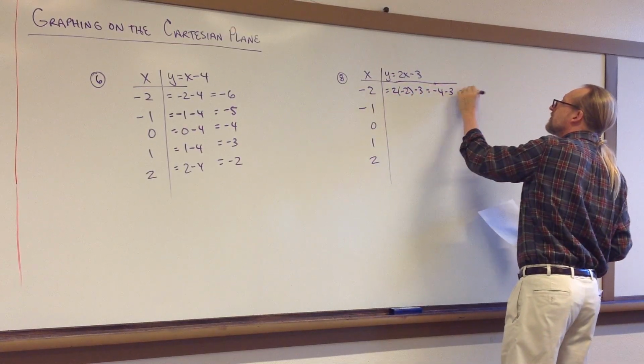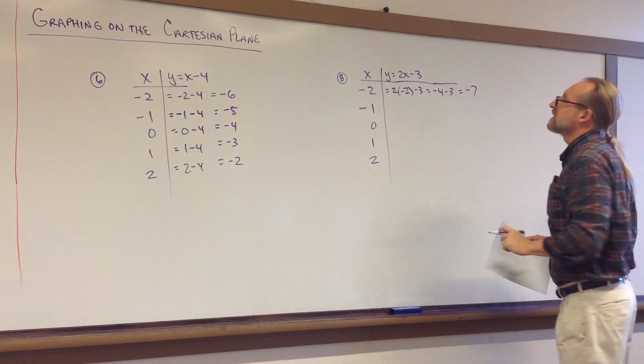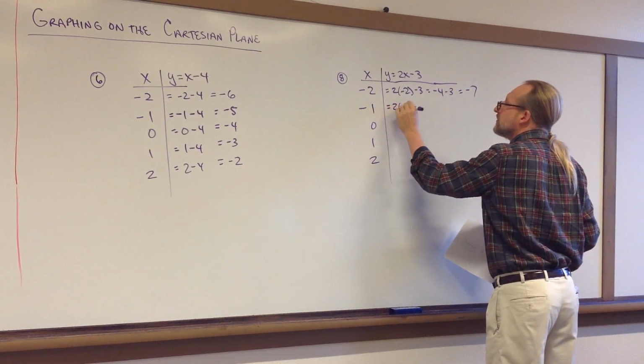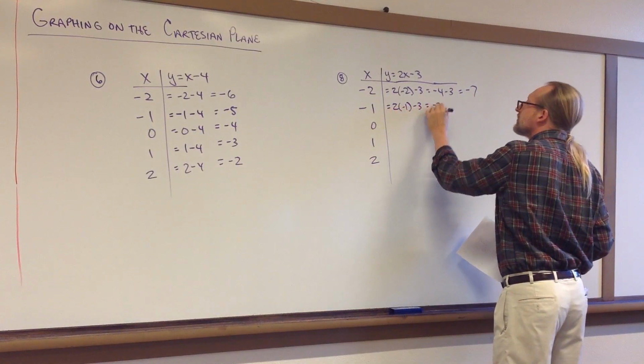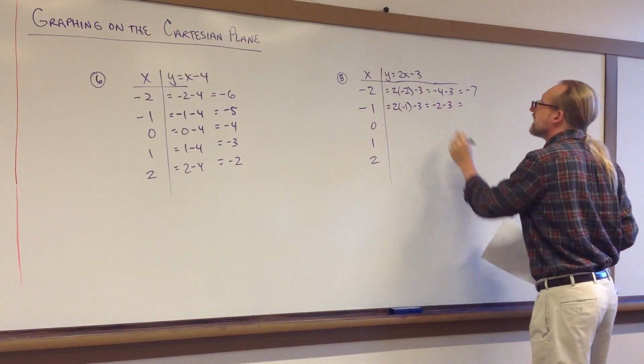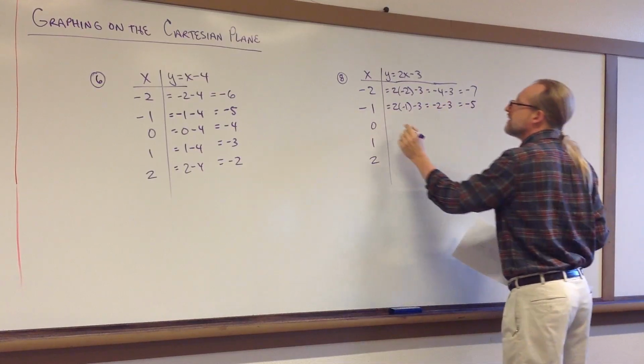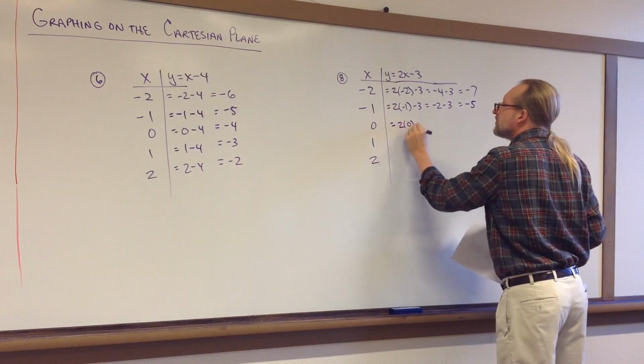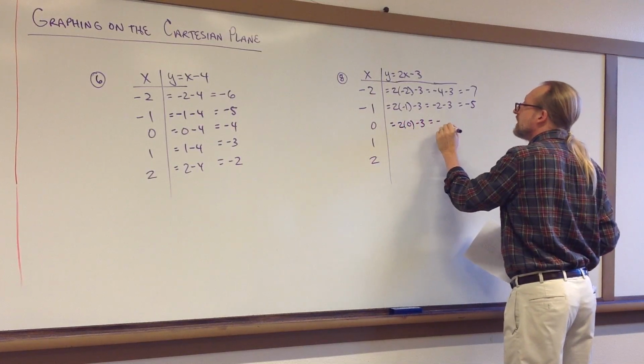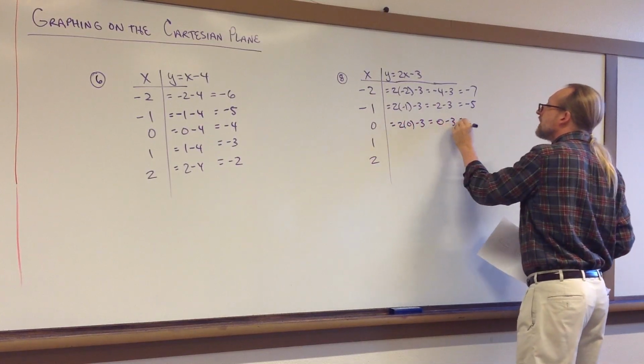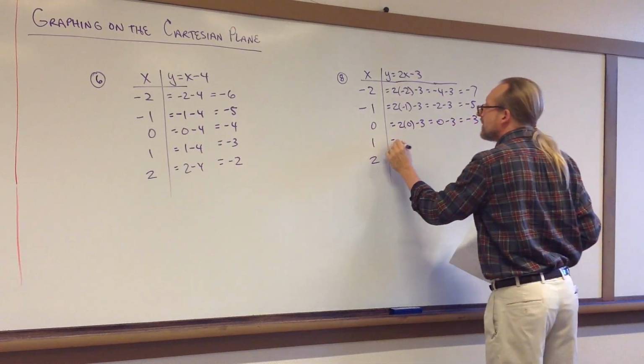So that's negative 4 minus 3, which is negative 7. Here, 2 times negative 1 minus 3. So that's negative 2 minus 3, which is negative 5. 2 times 0 minus 3. Oh, so that's 0 minus 3, which is negative 3.